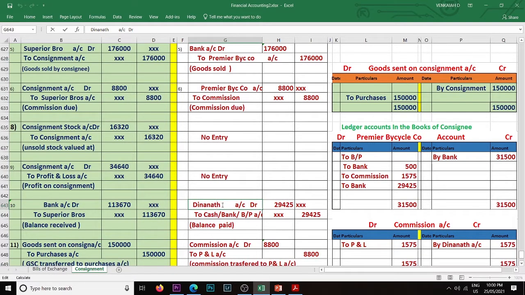Here also we will write the consignor name, Premier Brothers account debit by Skill and Co. Okay. Due to space problem, I am just writing shortcuts. 1,13,670. 1,13,670. Right, students, you try these ledger accounts in the books of consignee. Okay, you try this.